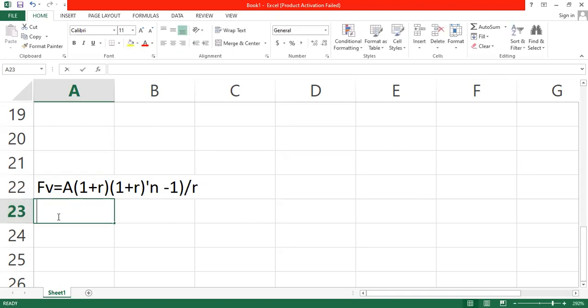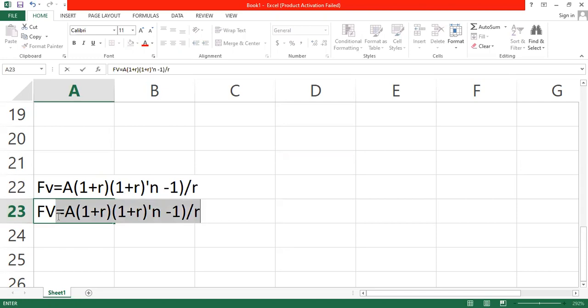So future value will now be equal to 400 multiplied by 1.1 into bracket 1.1 exponent 4 minus 1, divided by 0.1. How much are we getting?